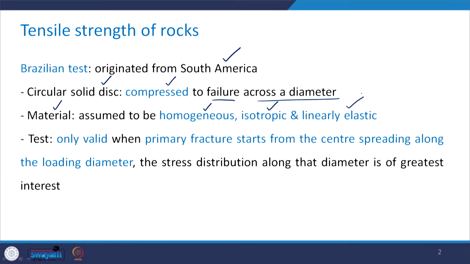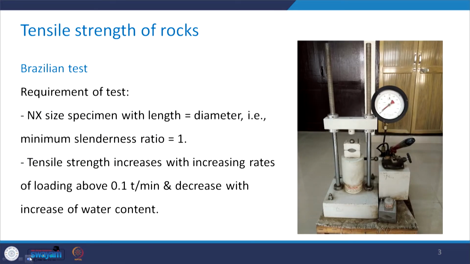There are some limitations with respect to this test, which is mentioned here, that this test is only valid when primary fracture starts from the center spreading along the loading diameter. So, the stress distribution along that diameter becomes of the greatest interest. Take a look here. This is a picture which shows the apparatus for the conduct of Brazilian tests. You can see that there is a grip here, two blocks are there.